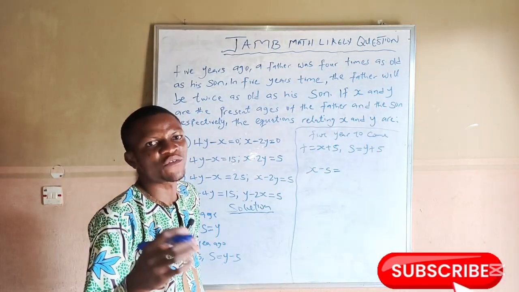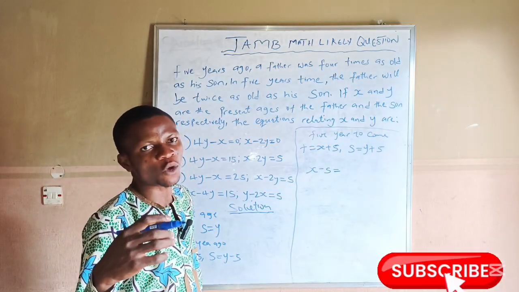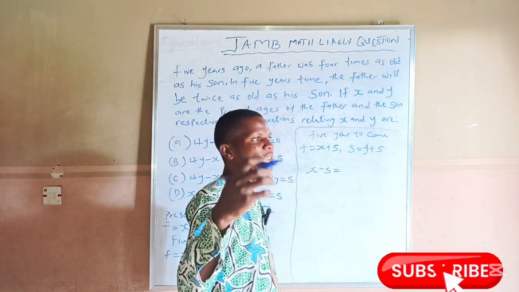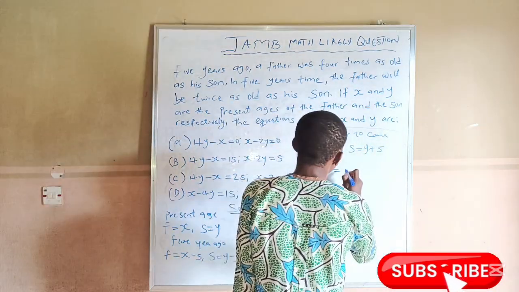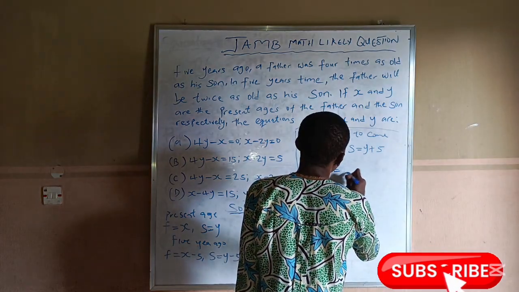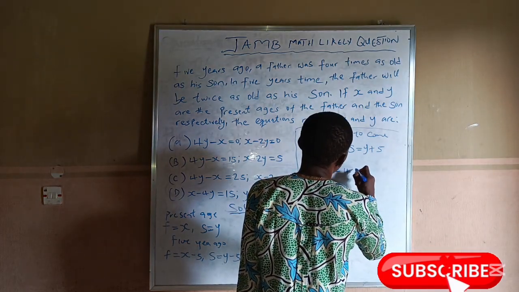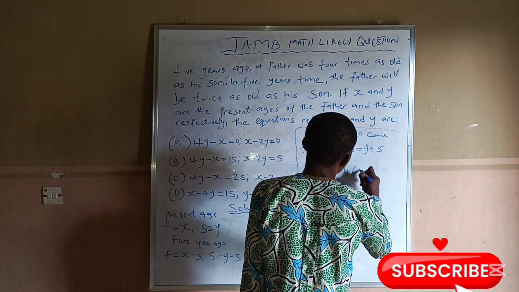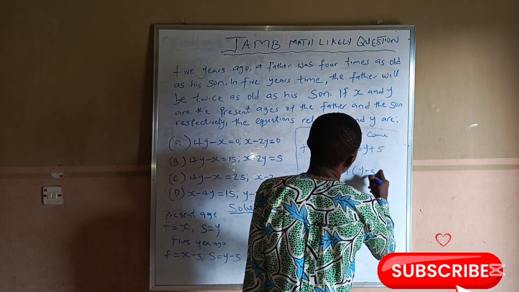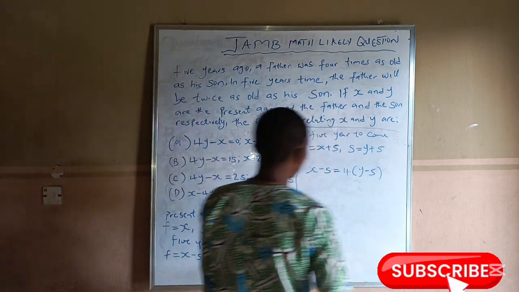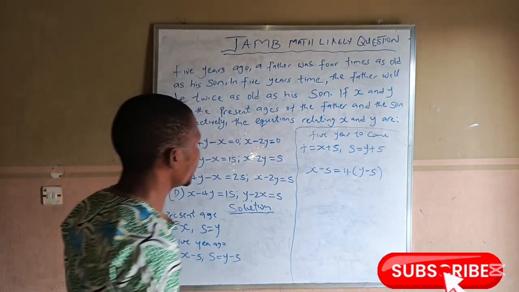But we are made to know that the father was 4 times as old as the son, 5 years ago. So we multiply the age of the son by 4, so we cannot say y minus 5 alone. This is an equation for their ages 5 years ago.